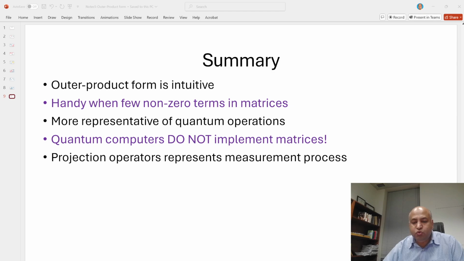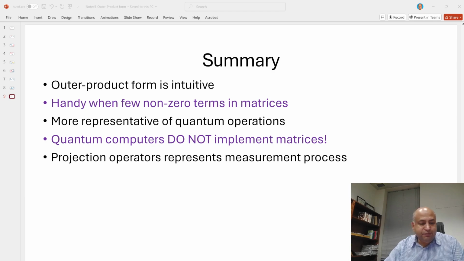However, when we simulate quantum computers or a quantum algorithm on our classical machines, people have developed simulators that use matrices. So the outer product form reminds us that quantum operations are not really matrix operations when they are happening physically. Even though both descriptions are mathematically totally equivalent, you can use either one to solve problems on paper or to analyze algorithms.